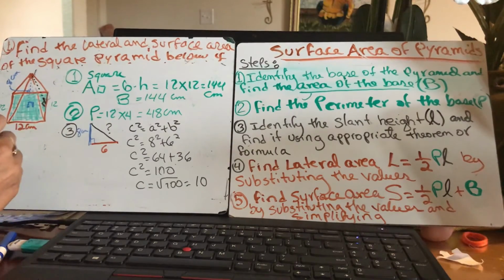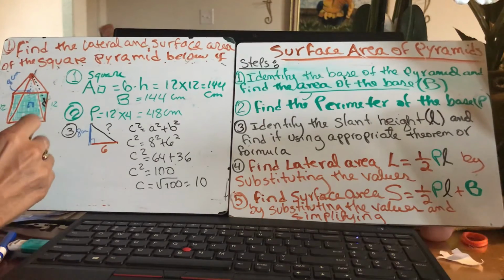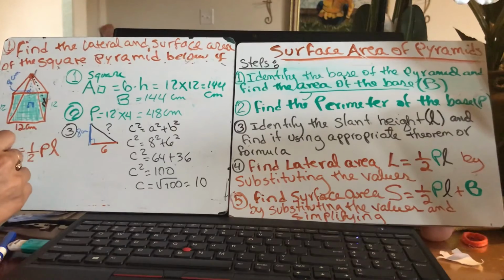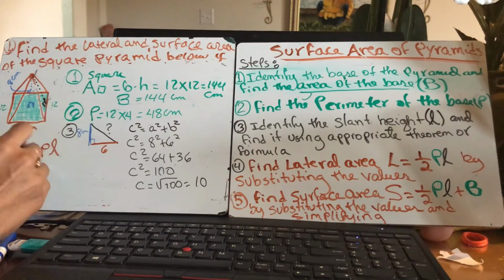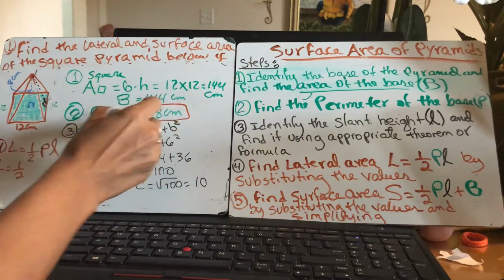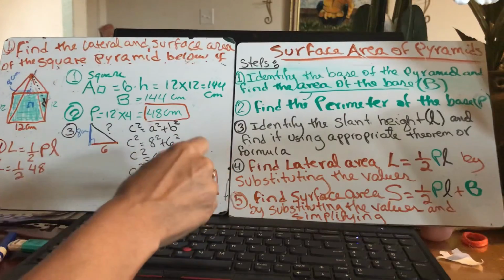I have step 4, L equals half of my perimeter times the slanted height. L equals half, or this lateral area equals half of the perimeter, and I found my perimeter earlier to be 48. So 48 times the slanted height, which is 10.